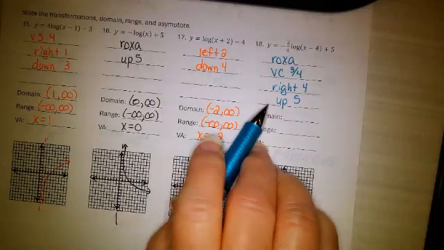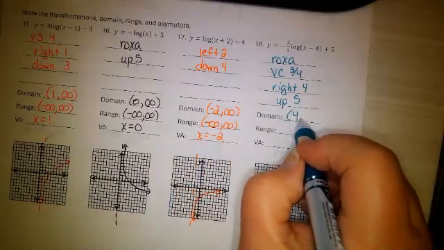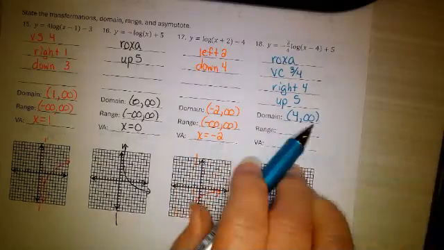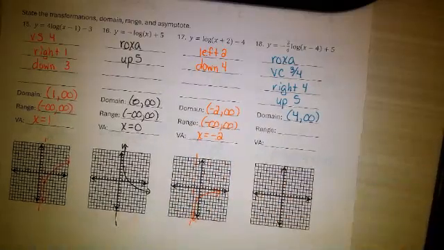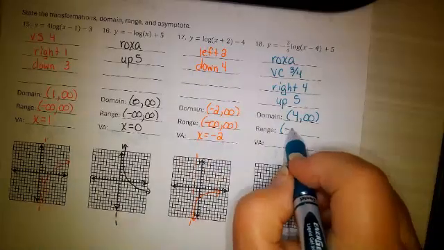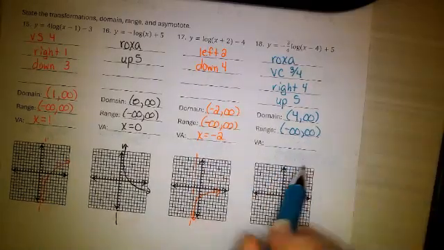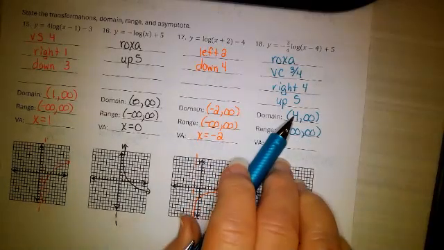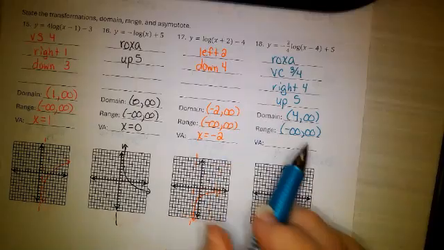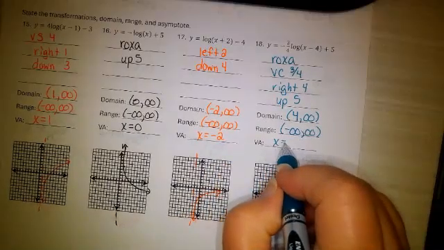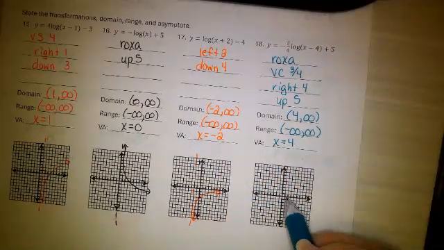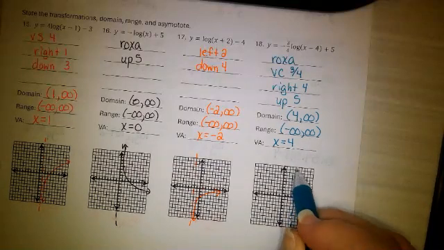My domain, because I went to the right 4, my domain is 4 to infinity. Range is all real numbers, like it always is. My vertical asymptote moved with my domain to the right 4 spaces, so x equals 4. 1, 2, 3, 4. There's my asymptote.